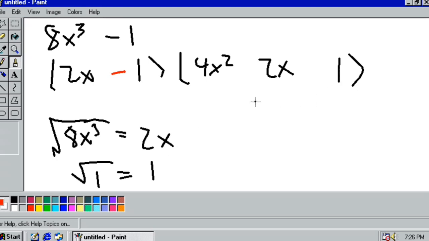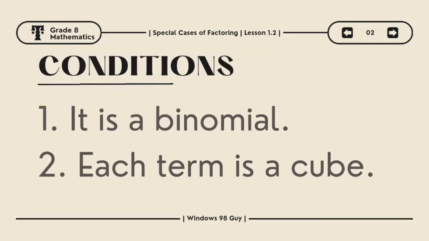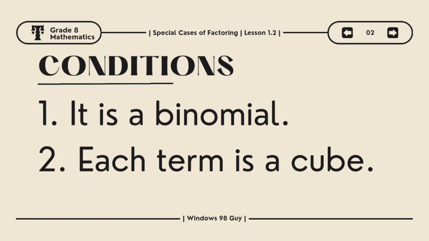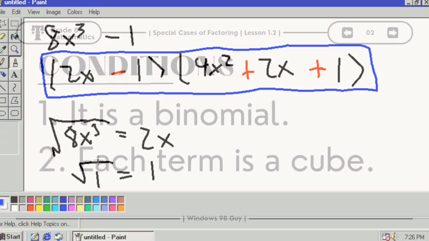So as you can see, this is the answer. Now find the operation. This will always be positive or plus, and this will be the inverse, so plus again. And now this is your final answer for the expression 8x cubed minus 1.